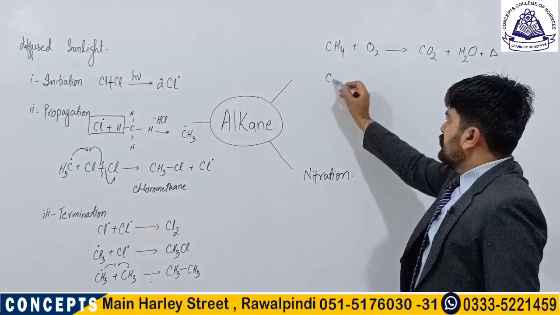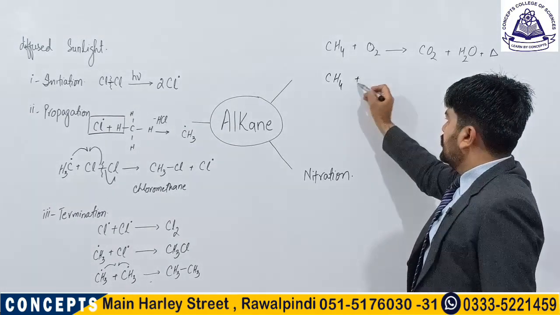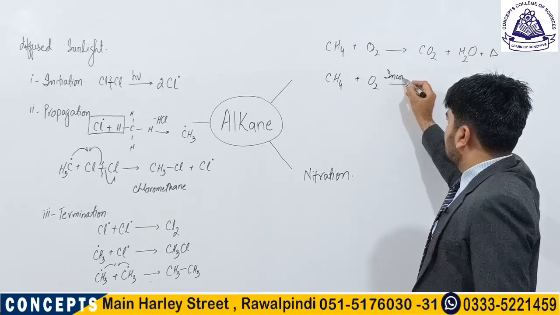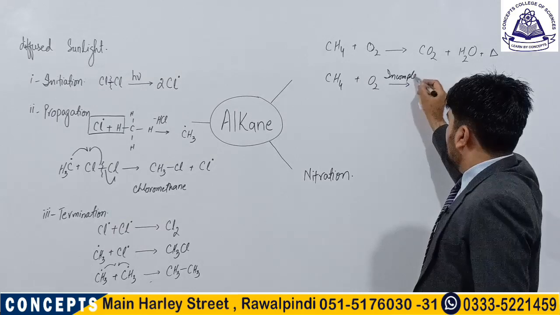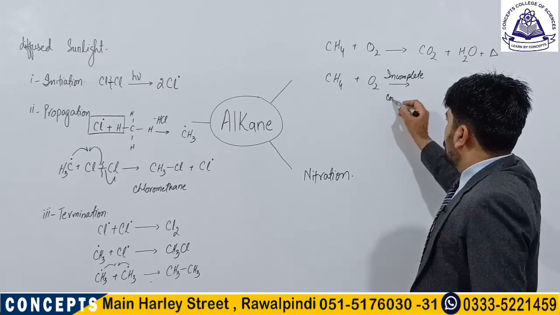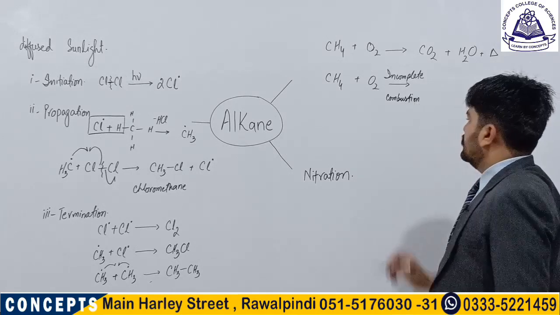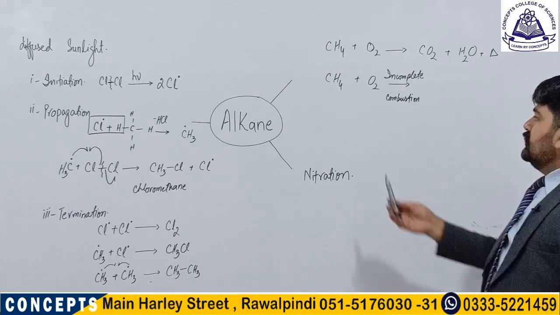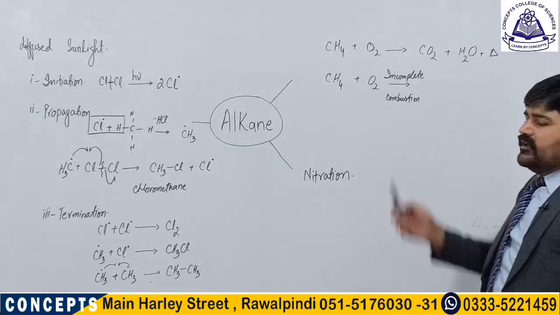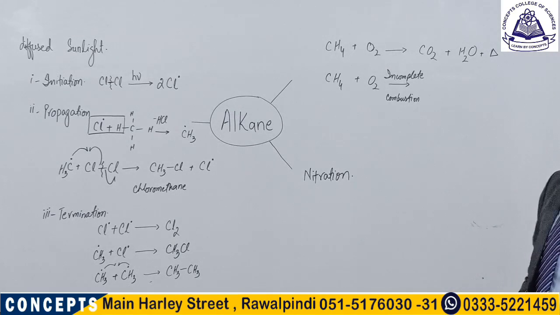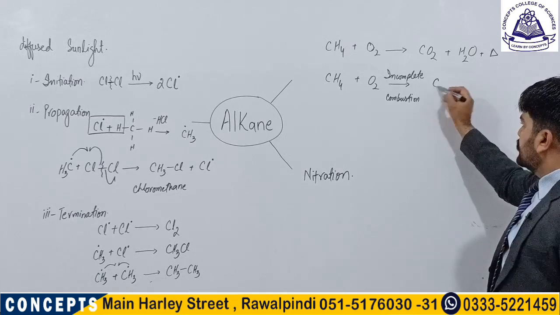This reaction can also be incomplete combustion. If we have an insufficient supply of air in the surrounding, then methane reacts incompletely with the oxygen and it results in three different products.